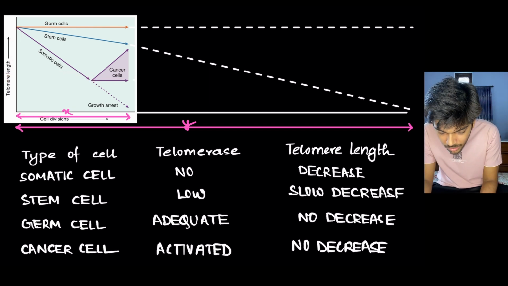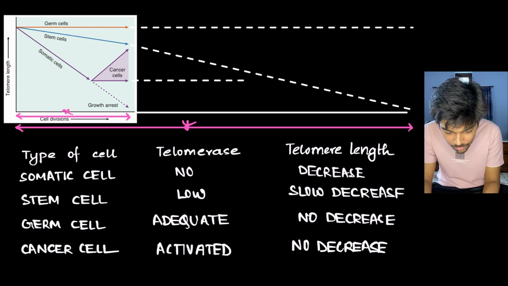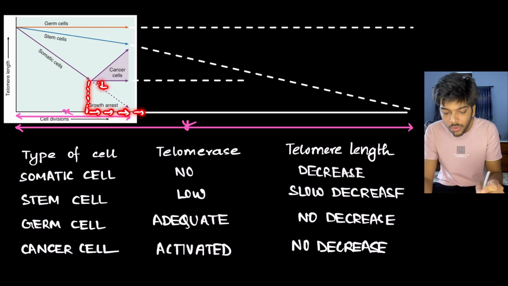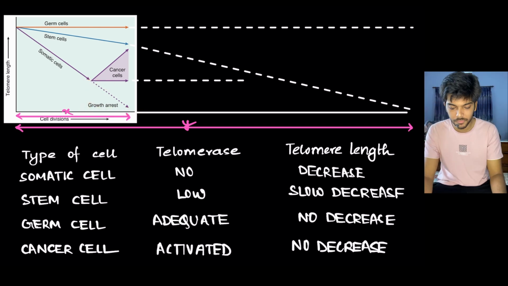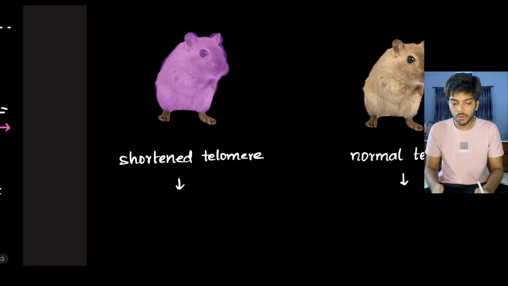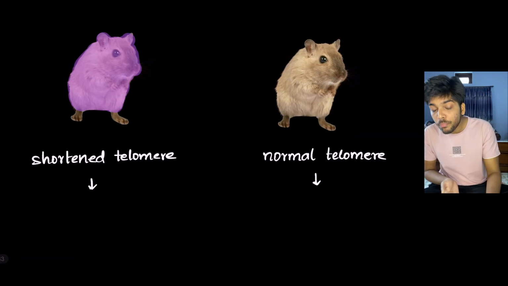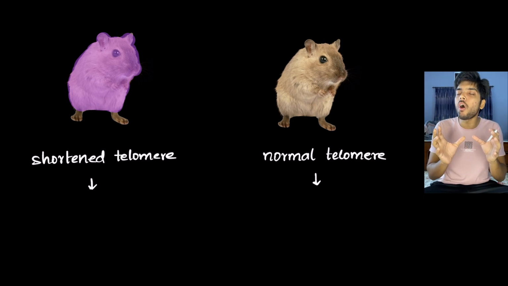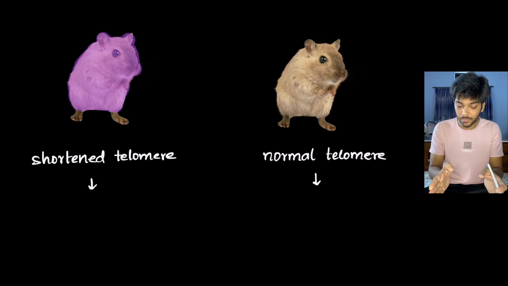See, there is no decrease. The cell division from this point on is happening. But telomere length, is it decreasing? No, telomere length is not decreasing. So that's the comparison.